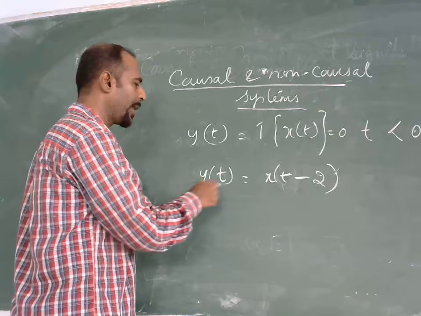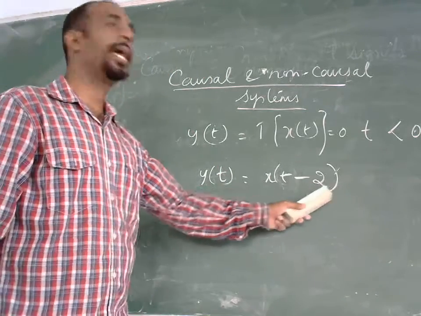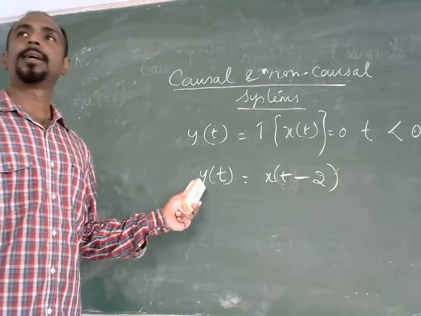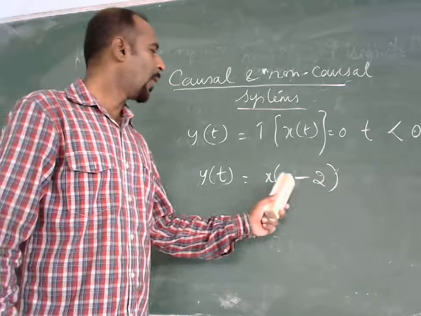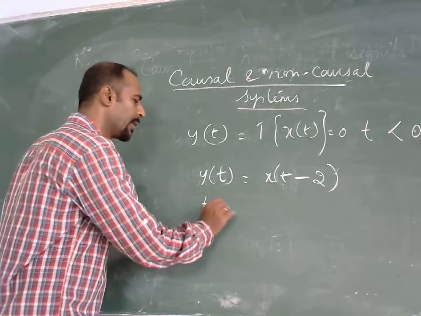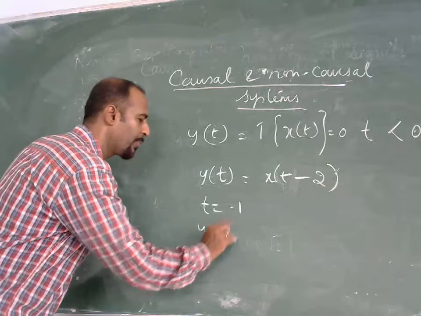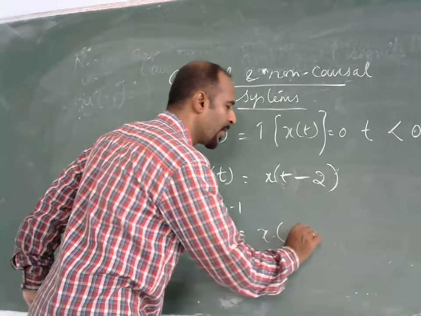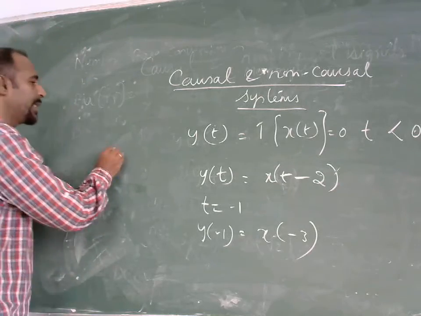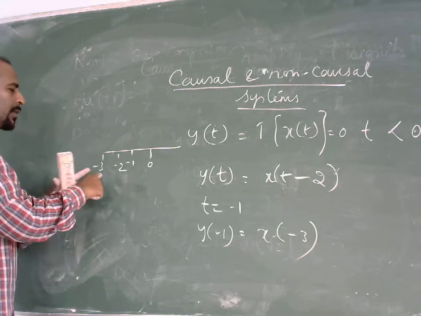Here y of t is equal to x of t minus 2, which is a delayed signal, and therefore the system depends only on the present and the past values. At t equals minus 1, y of minus 1 is equal to x of minus 3, since minus 1 minus 2 is minus 3. If you see the timeline: 0, minus 1, minus 2, minus 3.